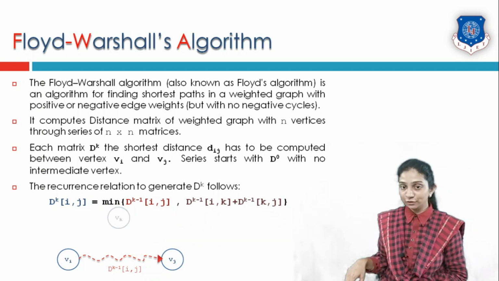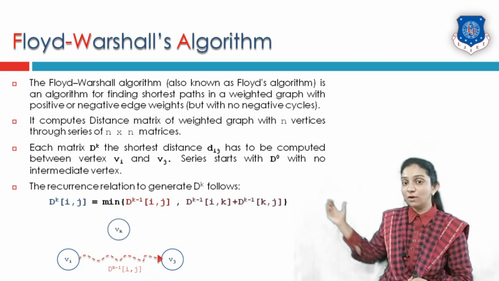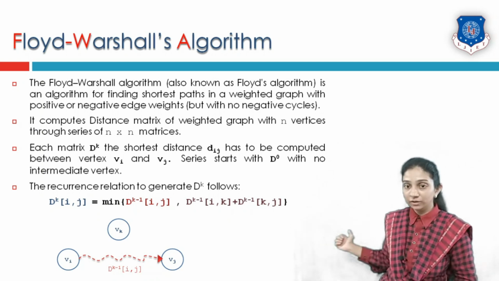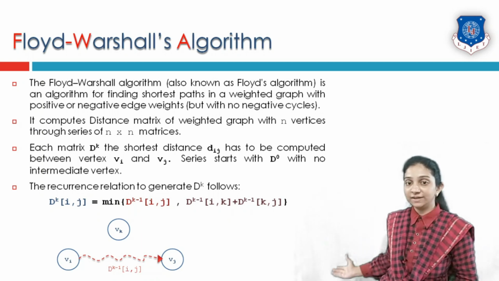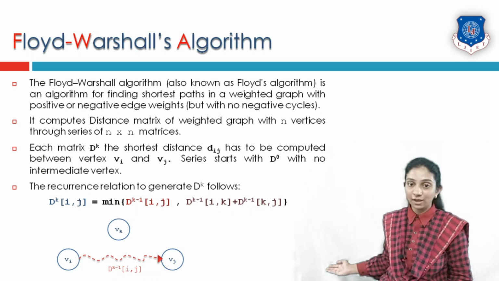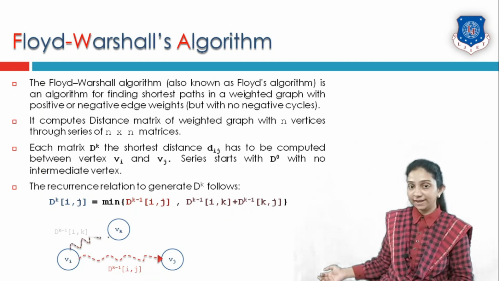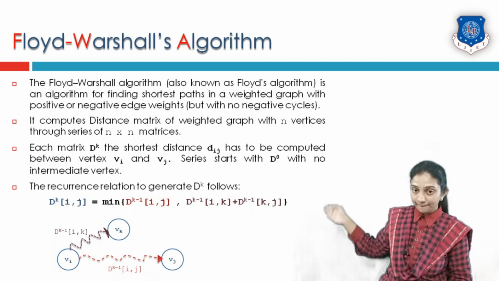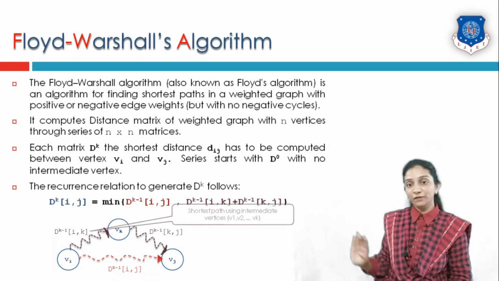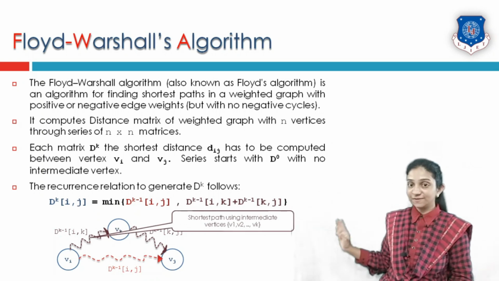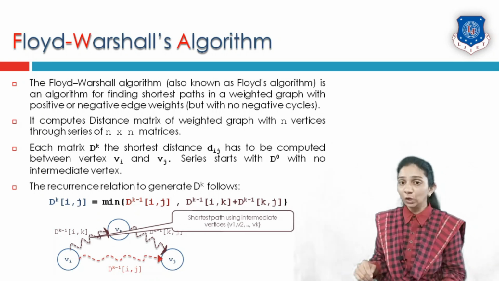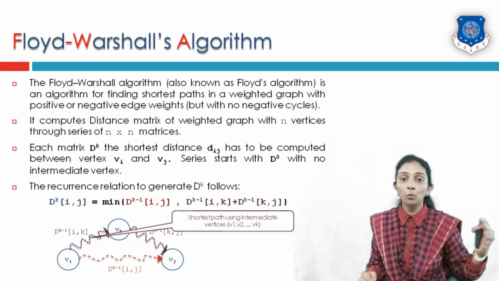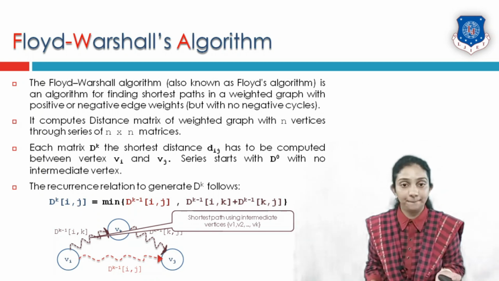Now let us introduce another vertex v of k. So one option for the distance from vi to vj is D of k minus 1, i comma j. Or I can write a distance from vi to vk plus vk to vj. This is a distance which includes paths through vertices v1, v2, v3 up to vk.